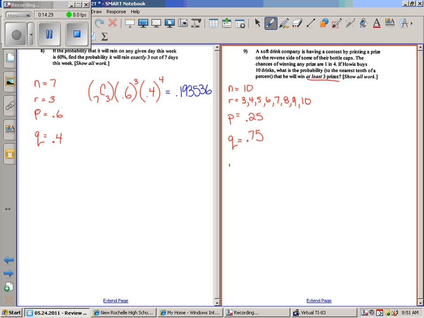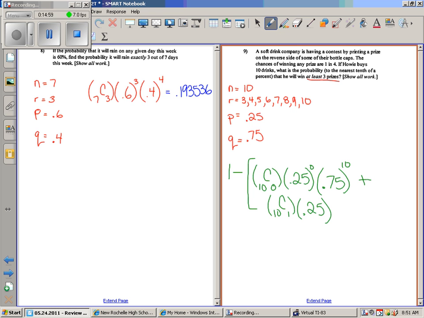The short way about doing this is to do 1 minus, and in parentheses, we are going to do 10C0, 0.25 to the 0, 0.75 to the 10th, plus 10C1, 0.25 to the first, 0.75 to the ninth plus 10C2, 0.25 squared, 0.75 to the eighth.